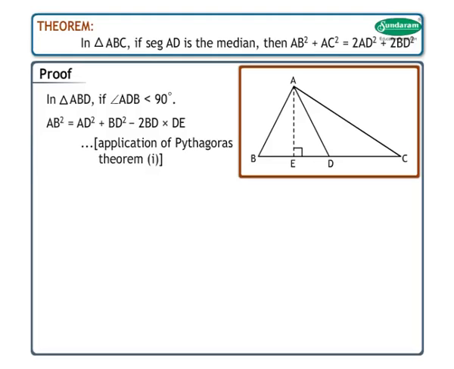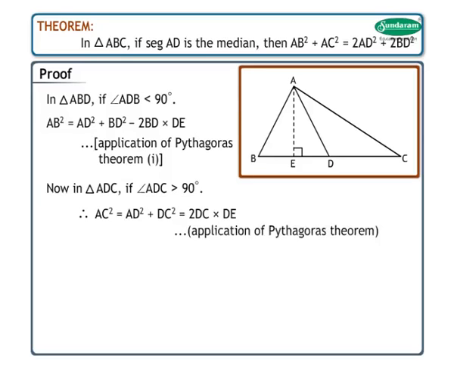into DE. Mark this as statement 1. Now, in triangle ADC, angle ADC is greater than 90 degrees. Therefore, AC square is equal to AD square plus DC square plus 2DC into DE by using the application of Pythagoras theorem.